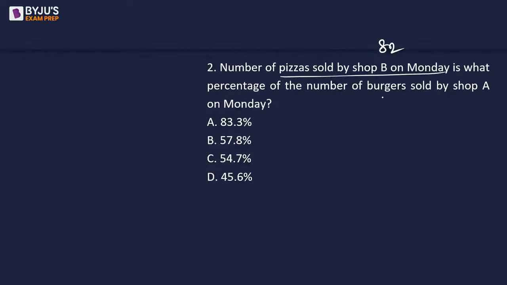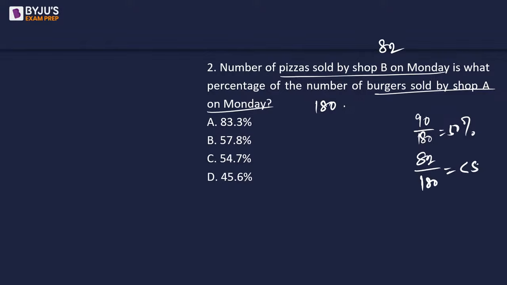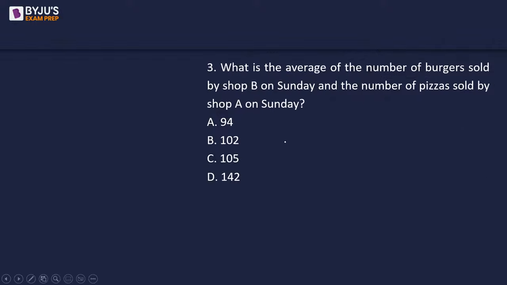So 82 is what percentage of 180? So ये सिंपल सा है. अगर ये 90 out of 180 होता तो ये 50% होता. Since it is not 90 but 82 out of 180, so this is definitely going to be less than 50%. Less than 50%, we have only one option. We will mark it and move ahead.